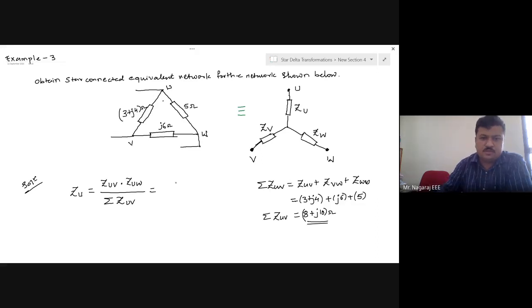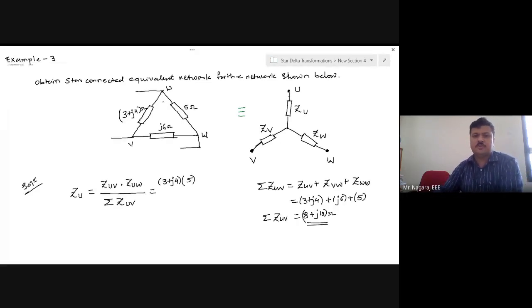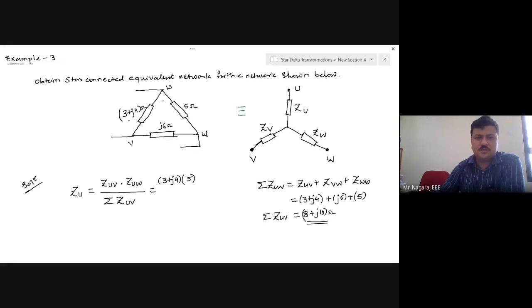So ZUV is 3 plus J4 into ZUW is 5. It is a resistance, 5 ohm is resistance. What is 3 plus J4? Is it inductive impedance or capacitive impedance?